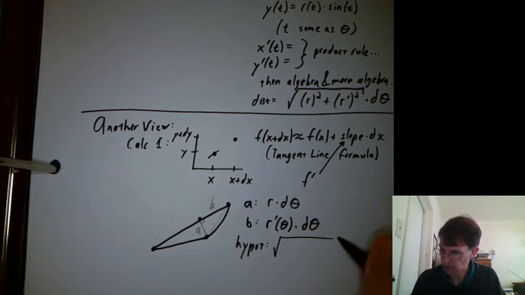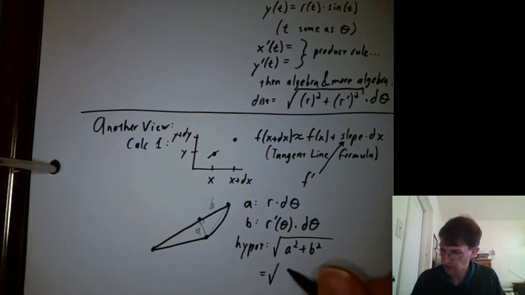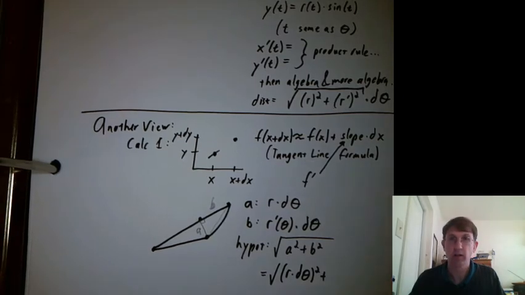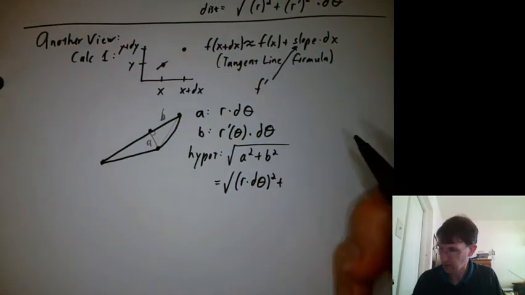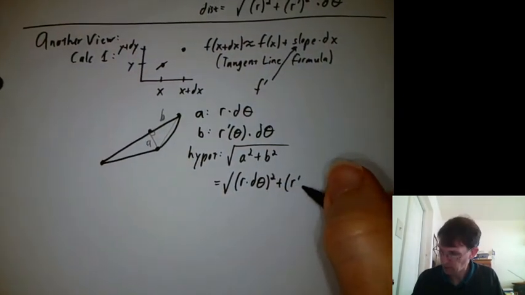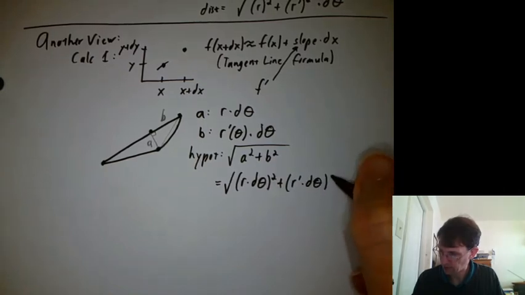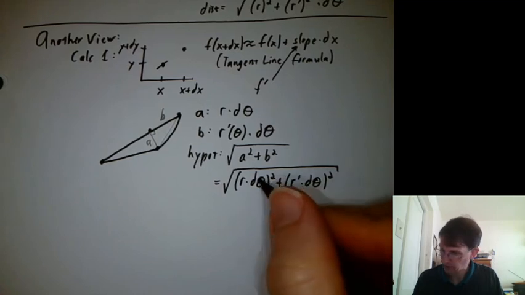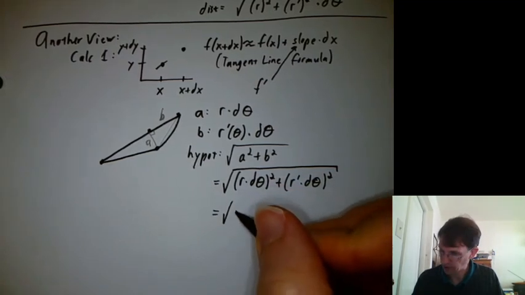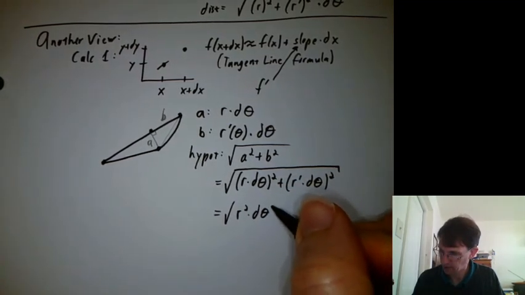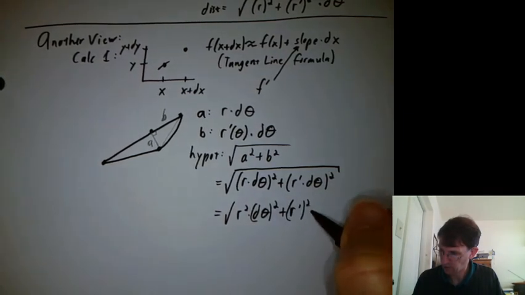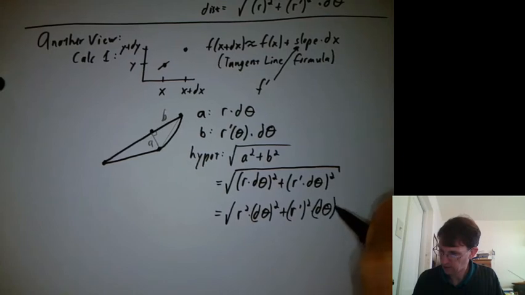It would be the square root of a squared plus b squared, which is the square root of r d theta squared plus r prime d theta squared. We can do the squaring on each part, so we get r squared d theta squared plus r prime squared d theta squared.